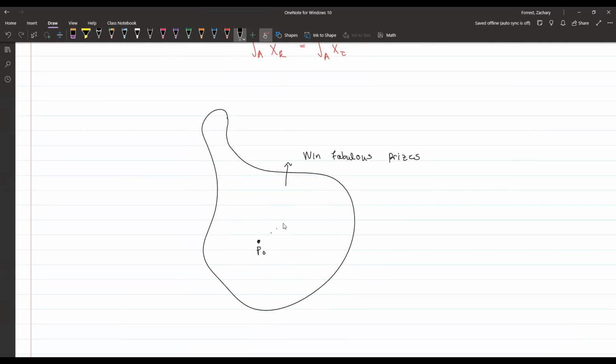My hope is that the process of moving from one position to another is eventually going to end.